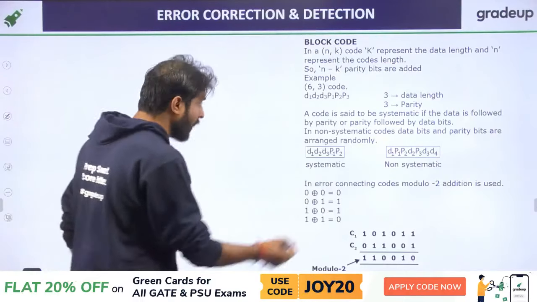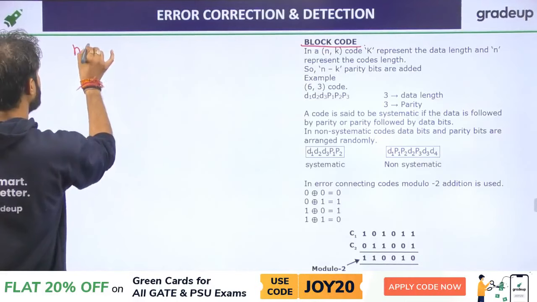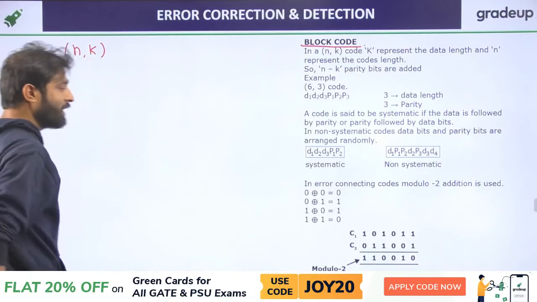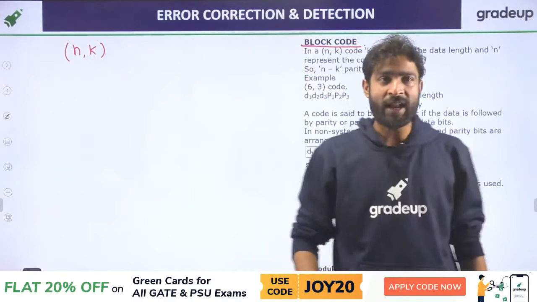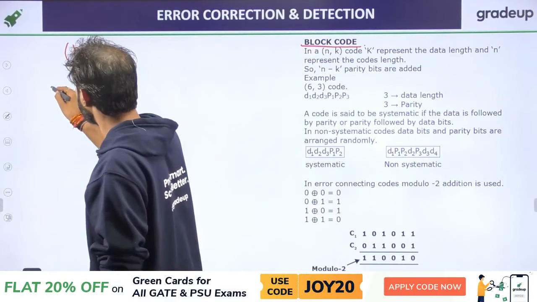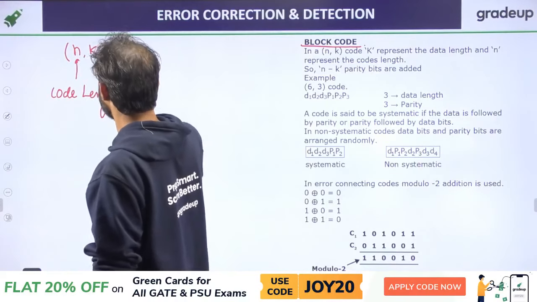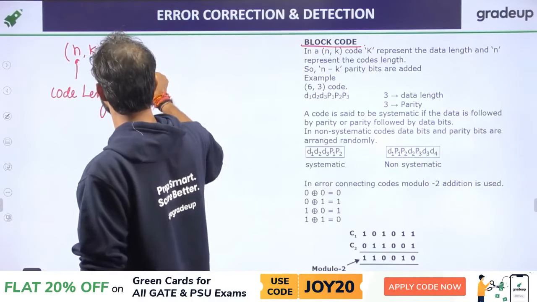Now just remember one thing in the block code. Any block code is represented like this, n comma k, right? Where n represents the total code length, and k will represent the data length.